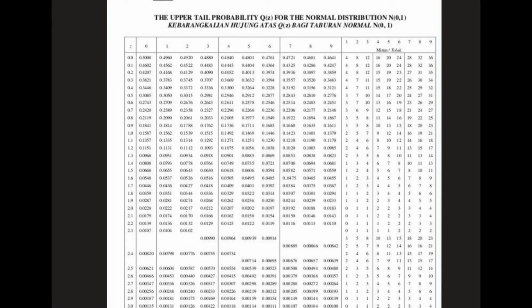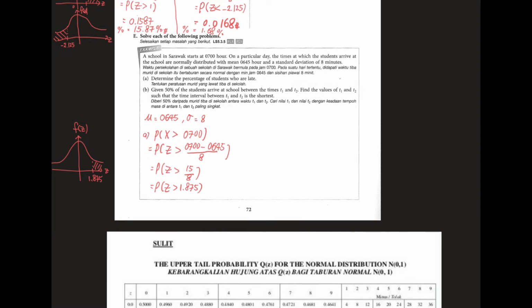First 1.8 here, followed by 7, then 5 to mark the corresponding value. 0.0307 minus 4, so it is going to be 0.0303.